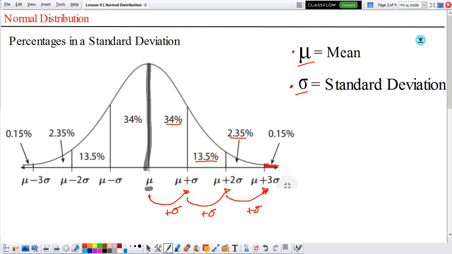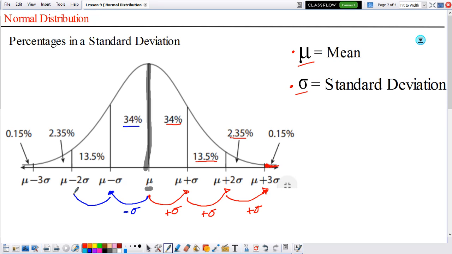But now, what if we go the opposite way? Again, you should think about the mean as some kind of a starting point. So let's go back to our starting point. What happens if from your starting point, you decide to move to the left? If you're moving to the left side, you're going to be subtracting standard deviations. So if you subtract one standard deviation, you will gain 34%.